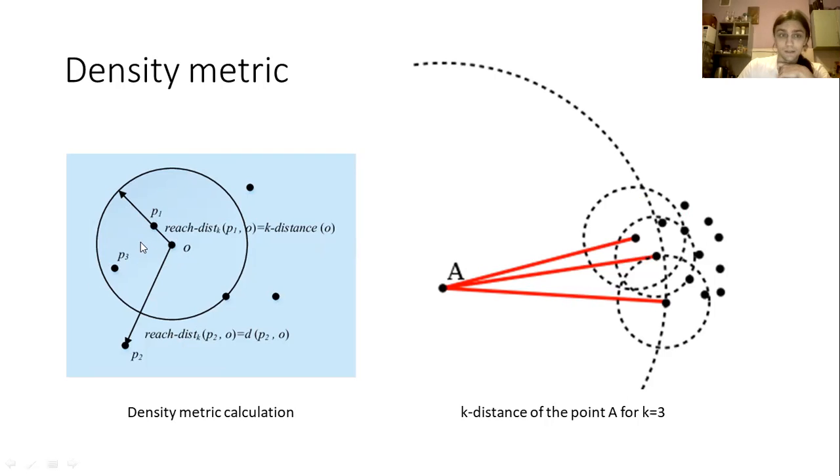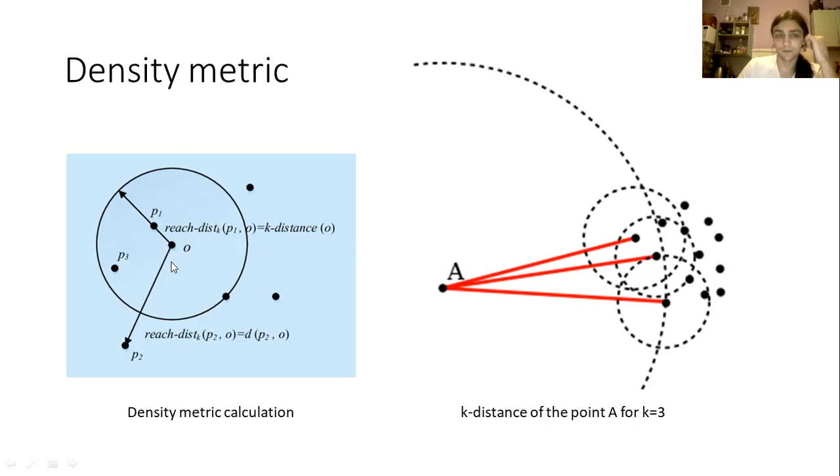And we have another characteristic, the reach distance. What is reach distance? It's the maximum of the k-distance or the distance between the points.